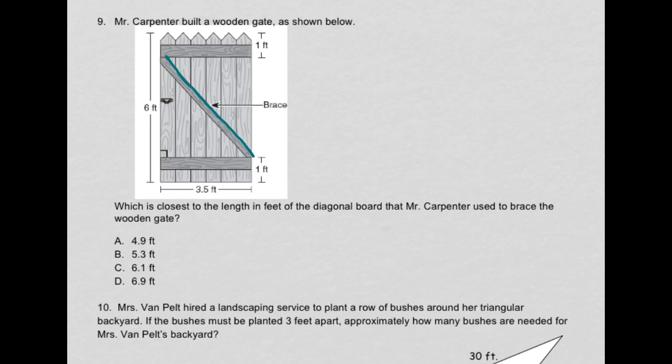Now, I'm not going to do this for you, but I will give you a hint. You know that this distance right here is 3.5 feet, right? This distance we do not know, so we'll put x there.